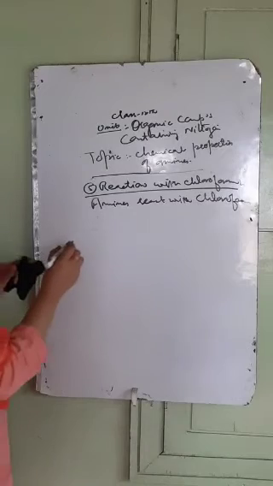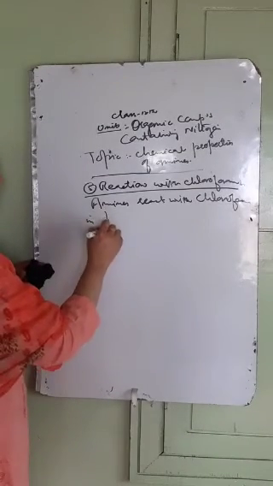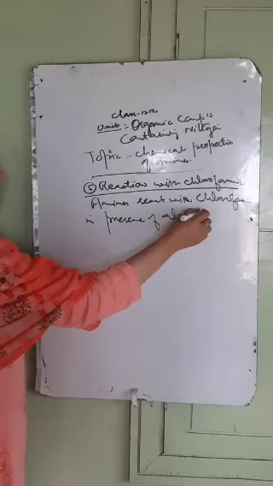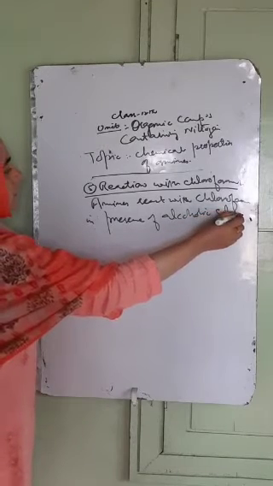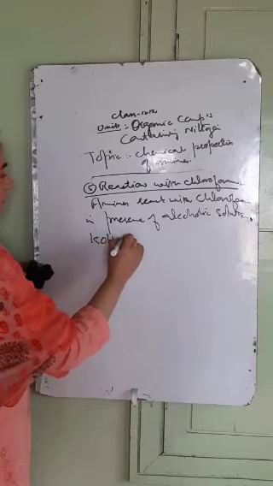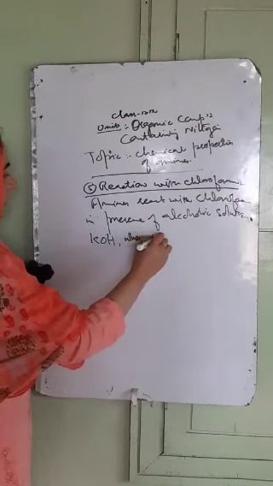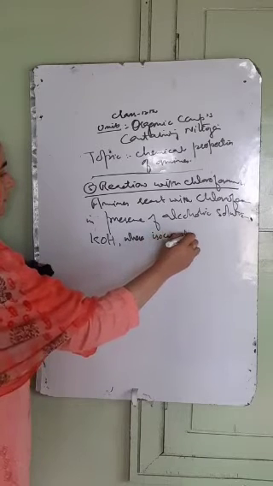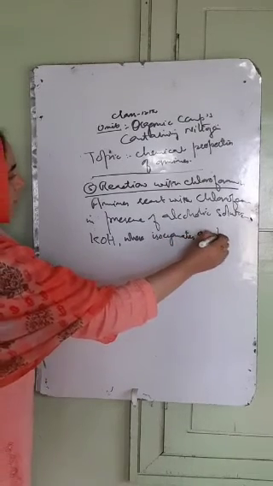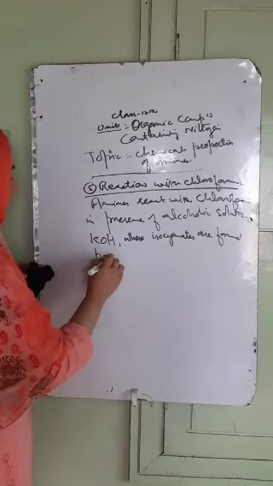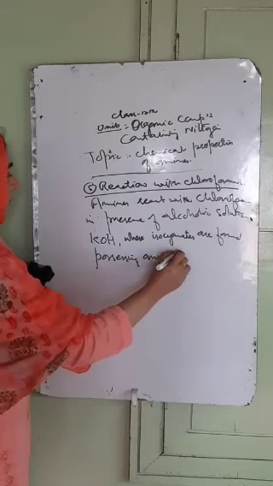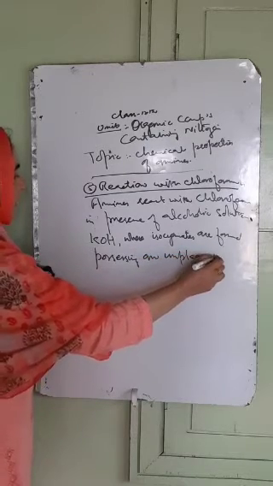Amines react with chloroform in presence of alcoholic solution of potassium hydroxide, where isocyanides are formed possessing an unpleasant smell.